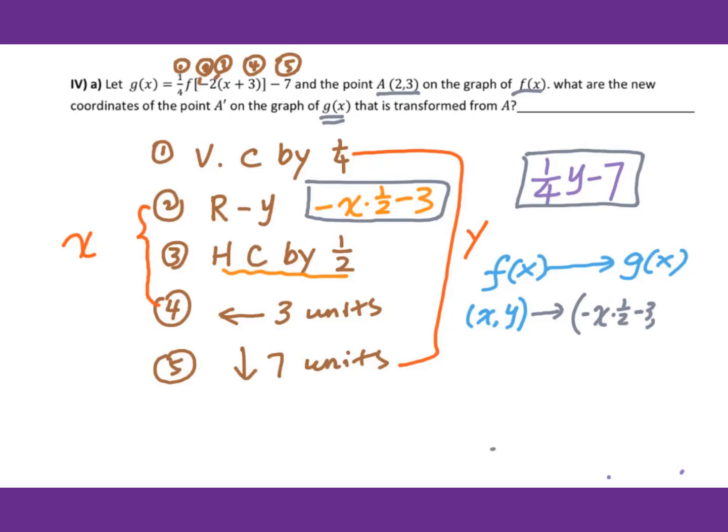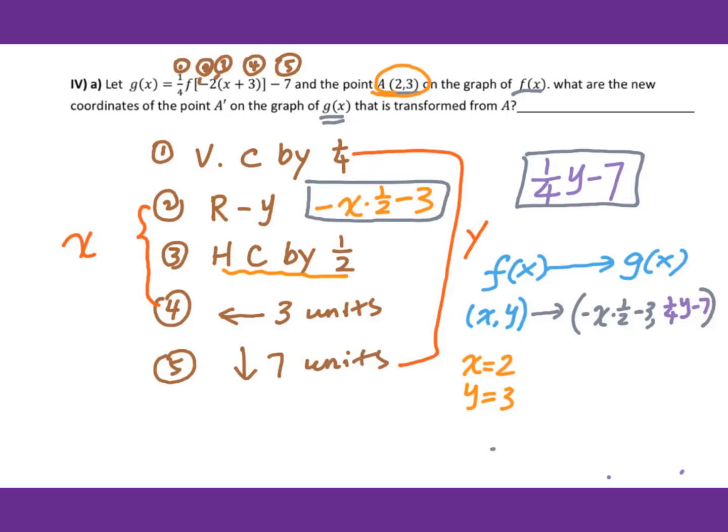Then you have 1 over 4 y minus 7. This will be the coordinate for g of x. We got x equals 2 and y equals 3 given over here.